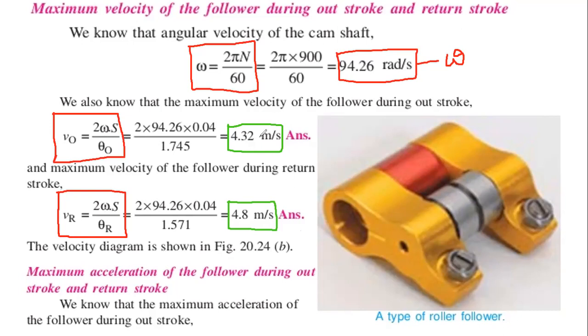So these are the two values for the velocity of the outstroke and the return stroke.